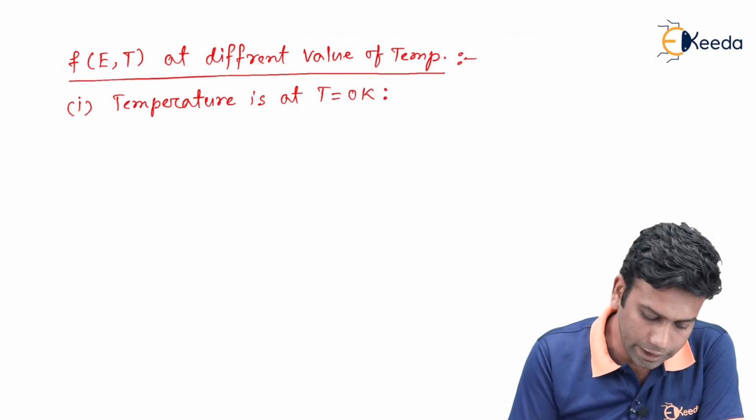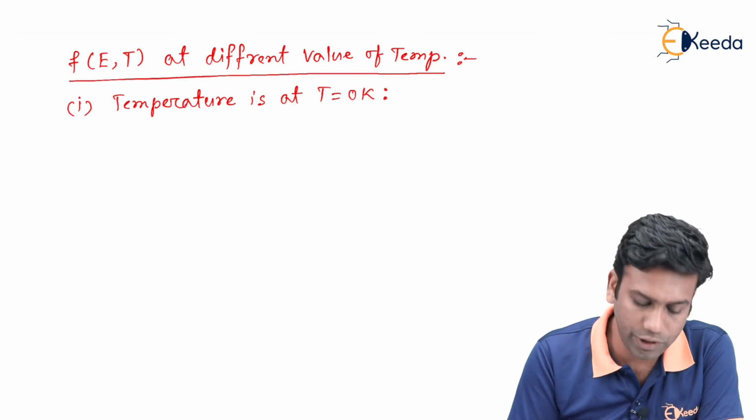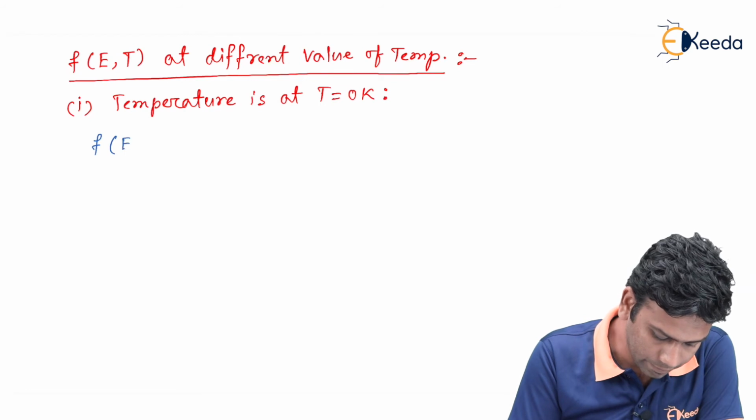So, at T equals to 0 Kelvin, if I find the value of Fe(T), the equation will look like this.